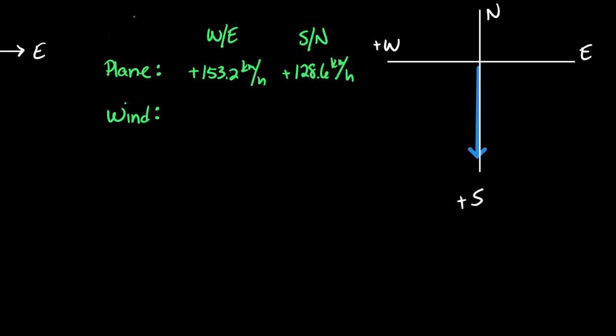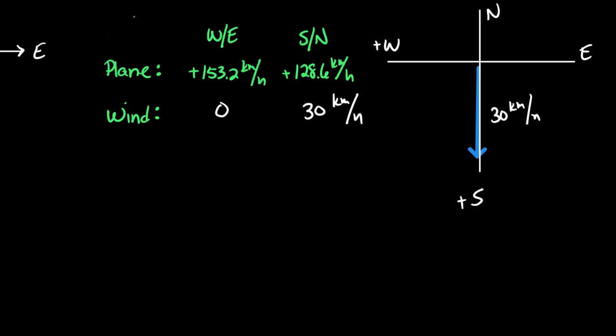Due south. Oh, not the water, the wind, due south. And I believe it was 30 kilometers an hour. Is that right? I don't have to do much work here, right? It's kind of already broken up into just one component. There is no east-west component to the wind, so it's 0. But there is a north-south component to the wind, and it's in a positive direction as chosen by me.